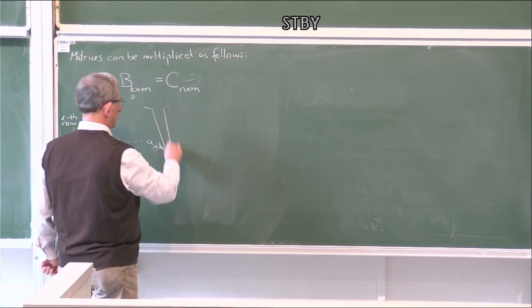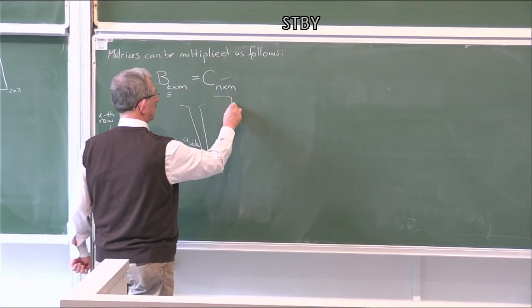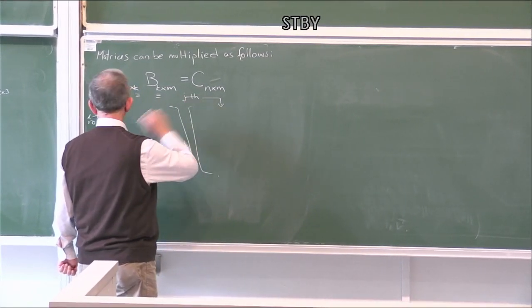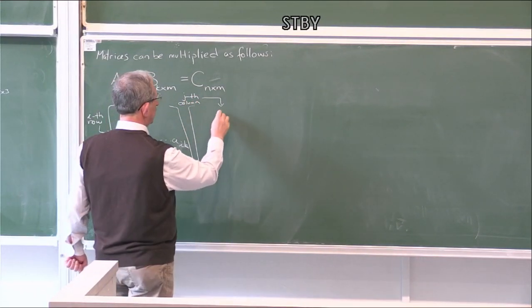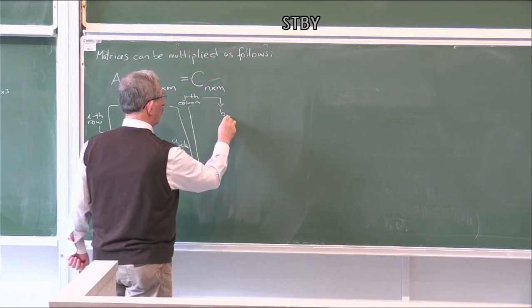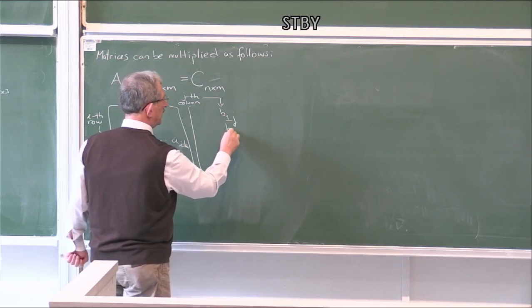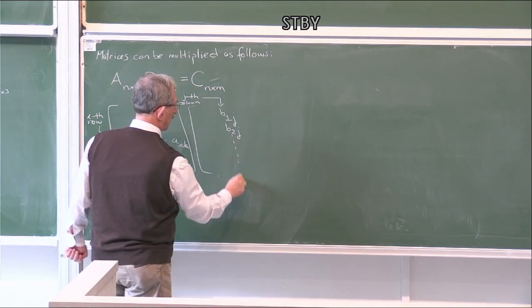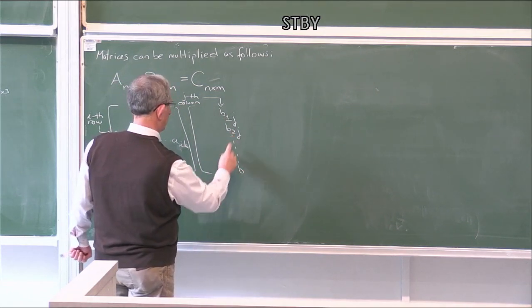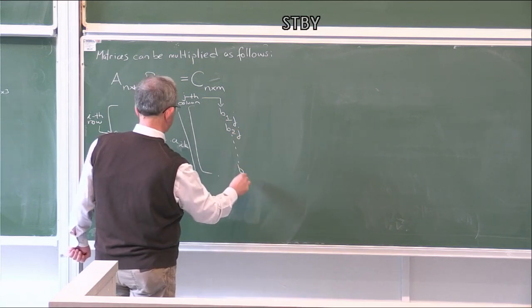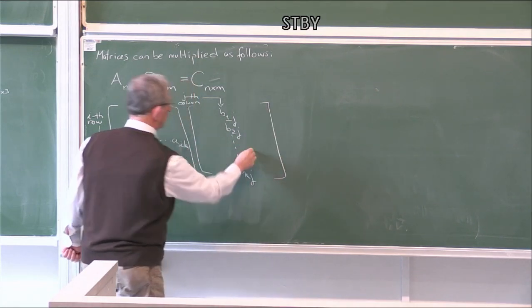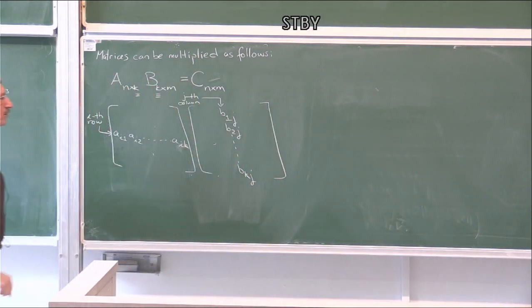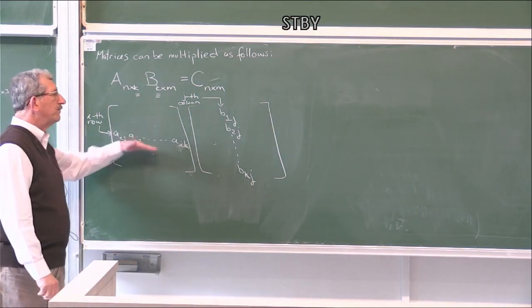And then I will take the jth column. That would be B1j, B2j, up to Bkj. I'm not interested in the others at this point because I want to demonstrate how to multiply two matrices. You will do the same for every row and column.